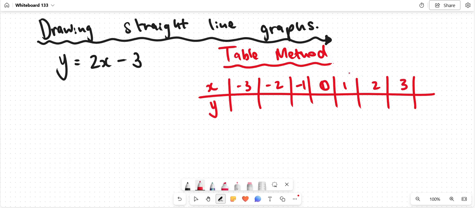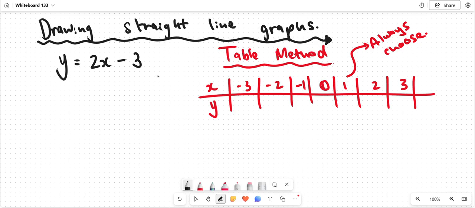These are the x values that you always choose. You always choose that range, right? And then we need to find these corresponding y values.